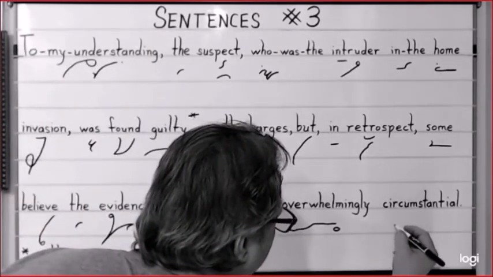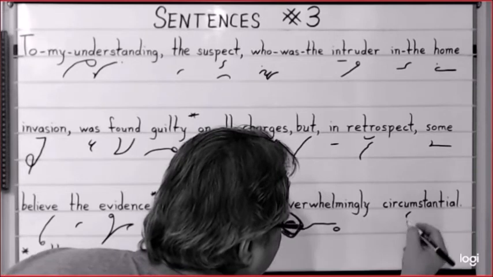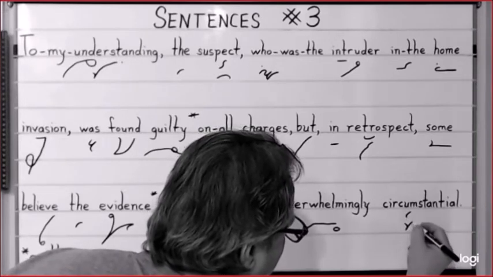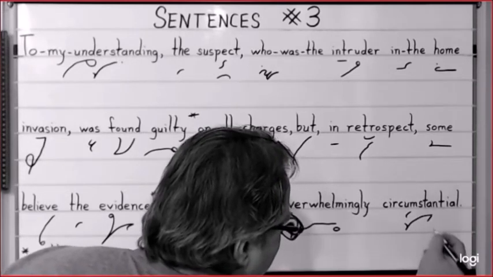Circumstantial is left S, and then an S, T-E-N stroke, and an SH, and a period.